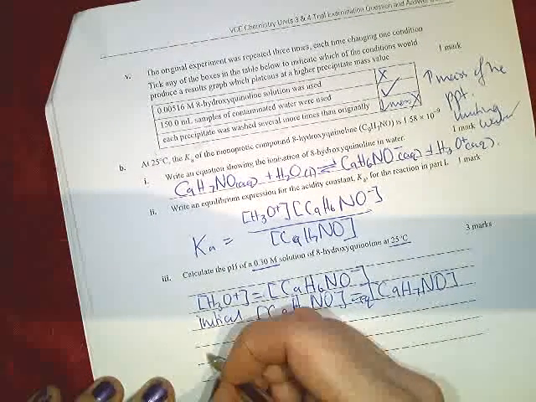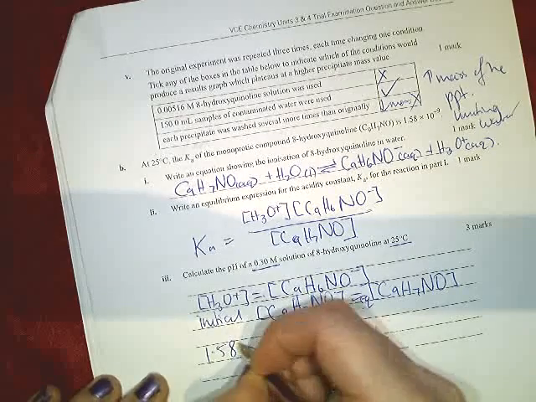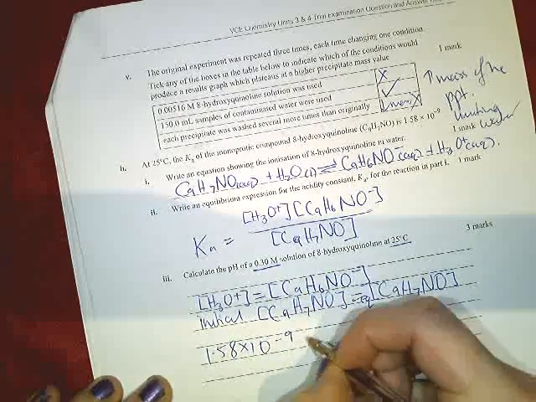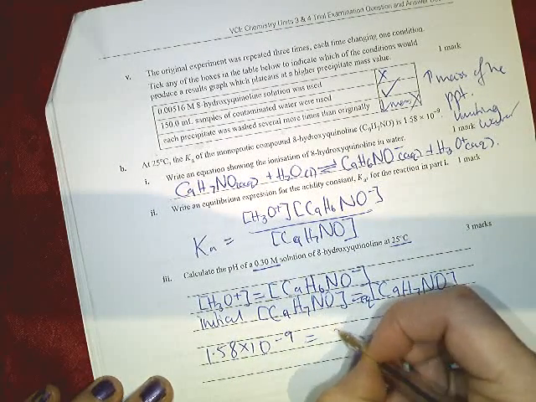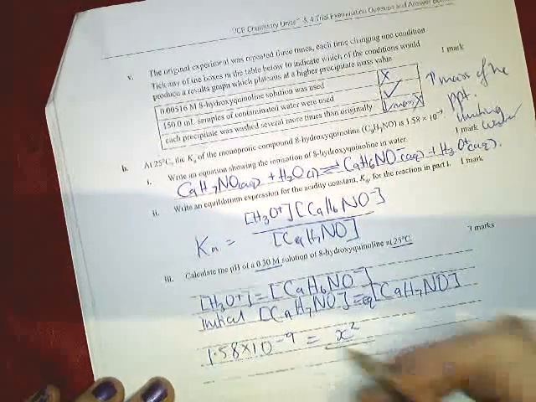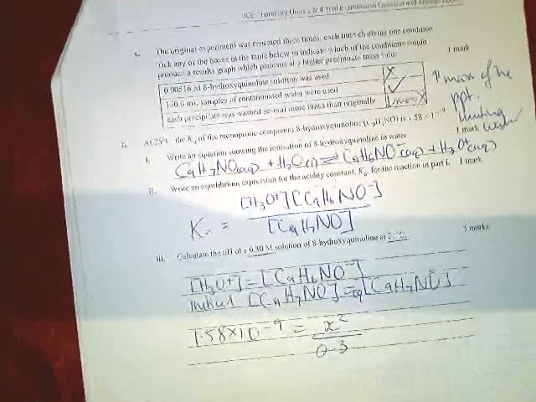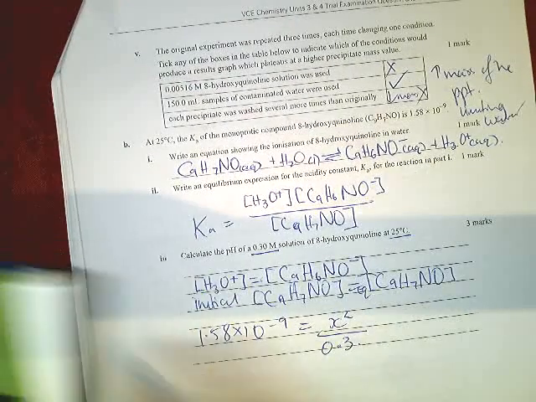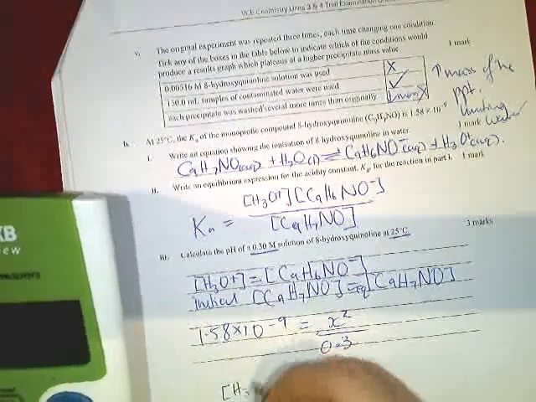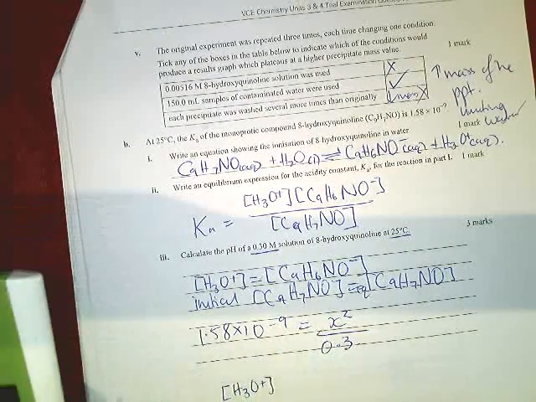Okay, so calculate the pH. Well, we've got the Ka 1.58 times 10 to the negative 9 equals x squared, because these two values will be the same, and that's what we're trying to find out, divided by 0.3. Then we just solve for x, which will be H3O plus.